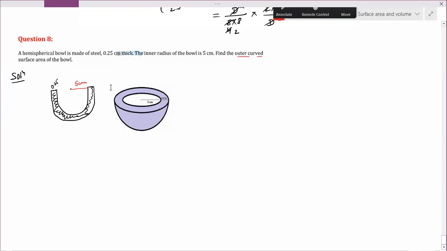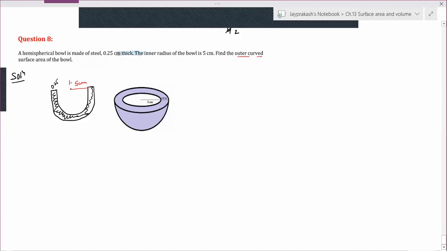So our figure is like this. This is the bowl. So first we have to find the outer radius, from center to the outer part. We need up to here.